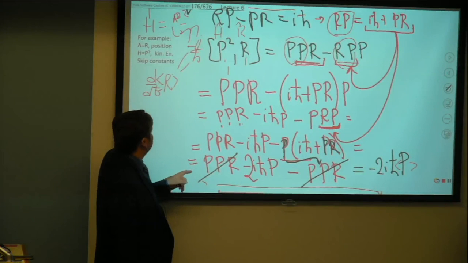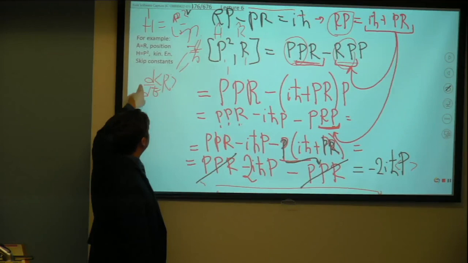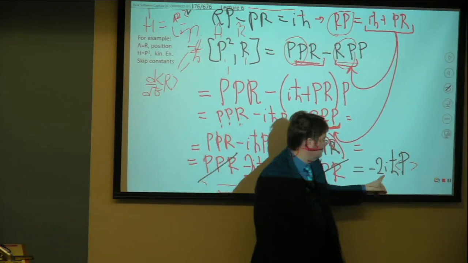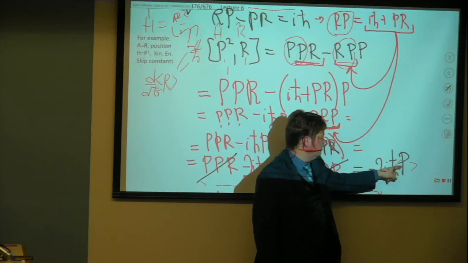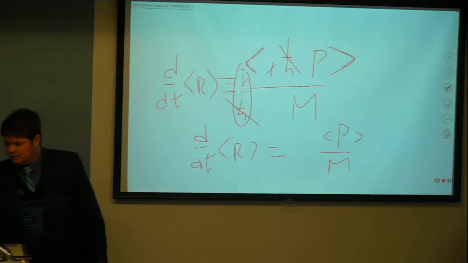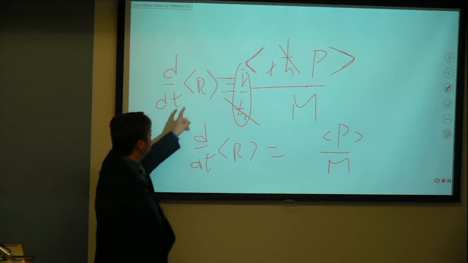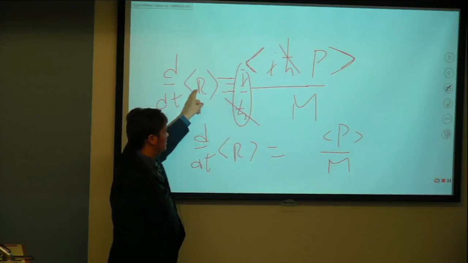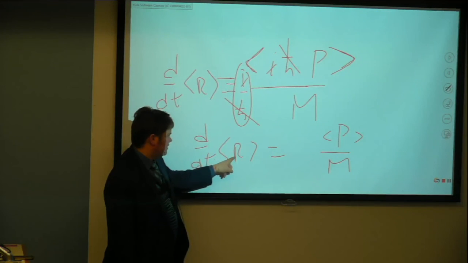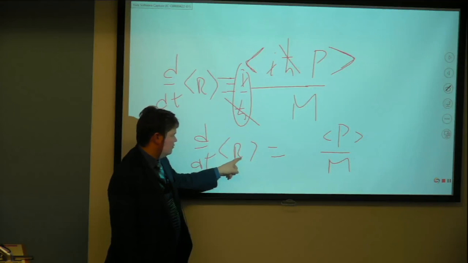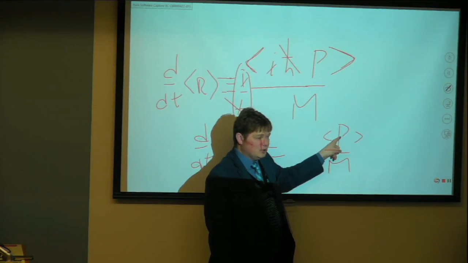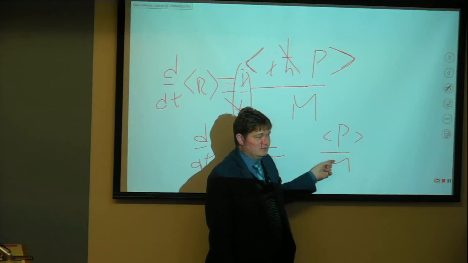So the time derivative of the expectation value of position equals Planck constant times the expectation value of momentum. And if we carefully process it and take care of the constants, we will obtain that the time derivative of the expectation value of position of the nucleus is equal to the expectation value of momentum of the nucleus divided by m, which is basically velocity.